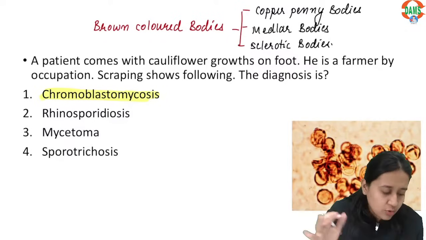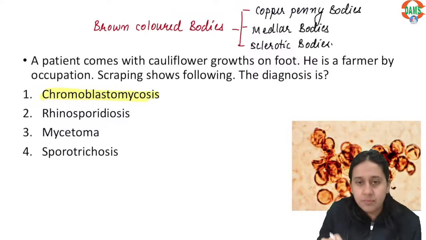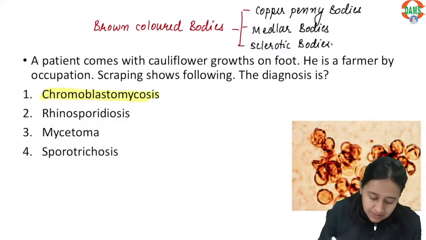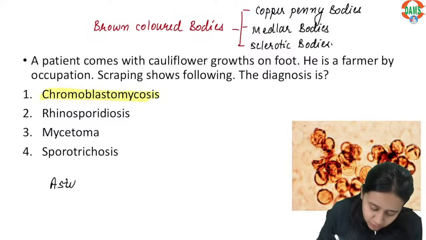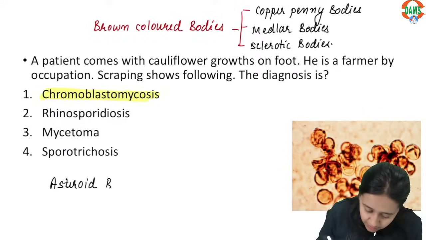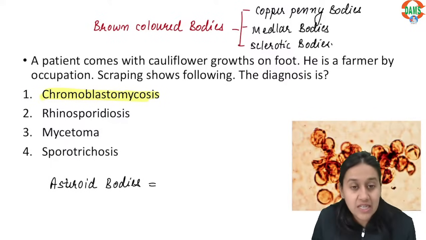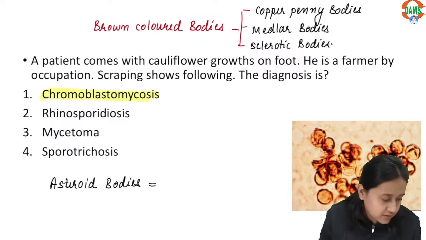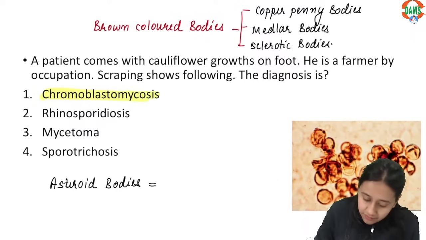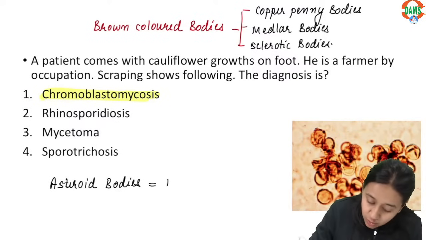Now, I'm asking you one more question related not to this particular infection, but something similar. In which subcutaneous fungus do you see asteroid bodies? So there is one more question which was asked in the past. Where do you see asteroid bodies? It's a feature of sporotrichosis.